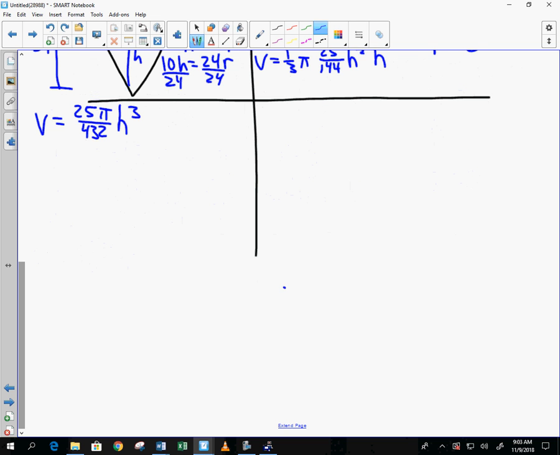Can I take the derivative with respect to time? Derivative with respect to time is equal to v prime, which equals h squared h prime.